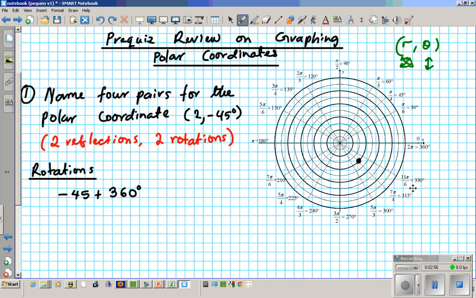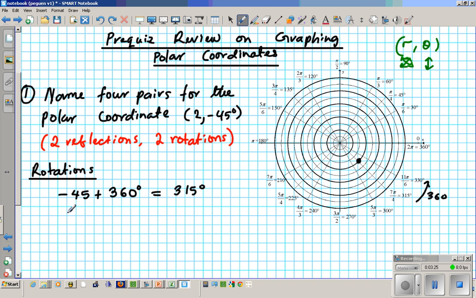That means I am starting from this point right here, and I'm going positive, which is that direction. So I'm going 360 degrees up, around, and right back here. -45 plus 360 is 315 degrees.